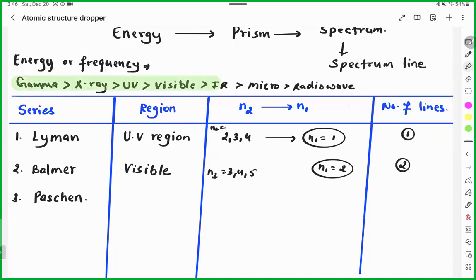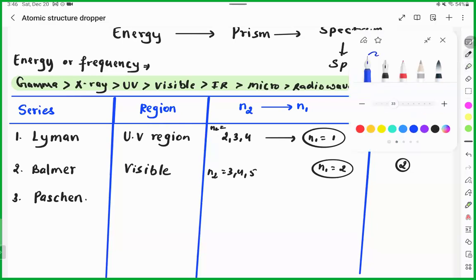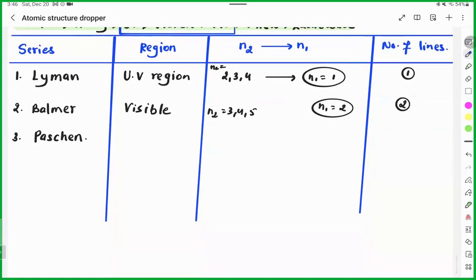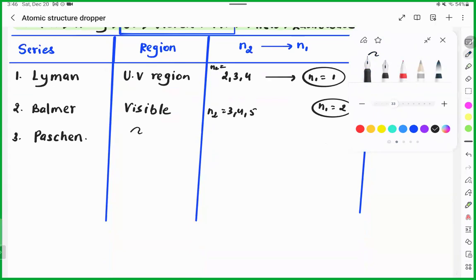Okay. So this is the electromagnetic spectrum, correct? Any doubt? If you compare these three energies, then UV has maximum energy. After UV, you have the visible region. After visible, you have infrared. So all the remaining series will be in the infrared region.